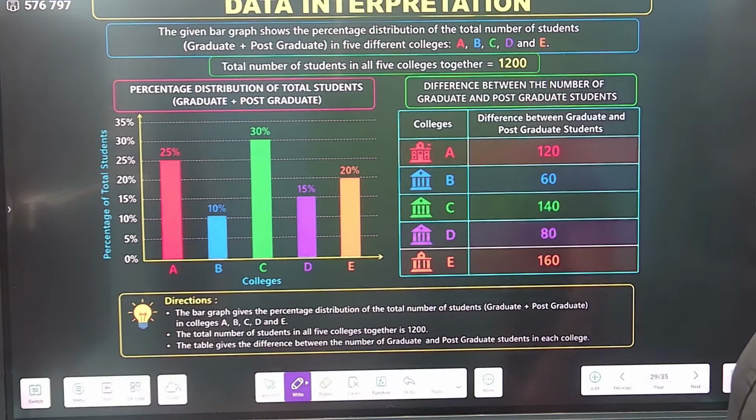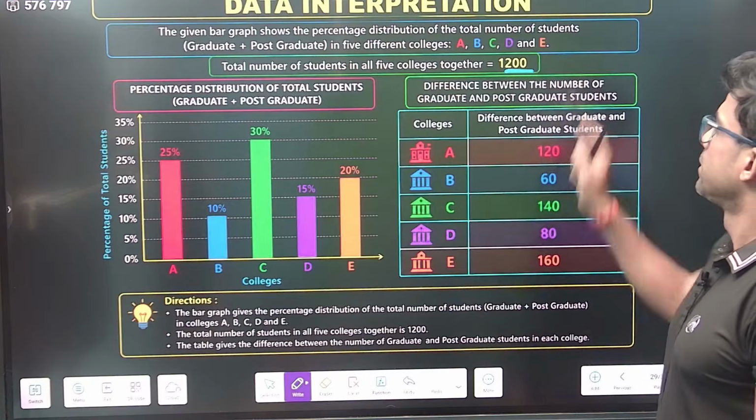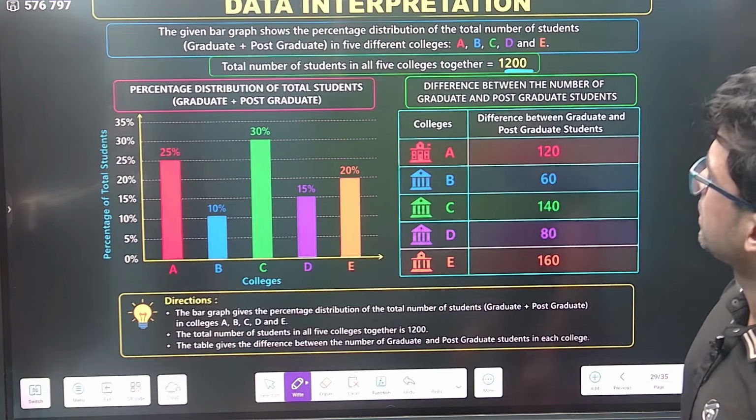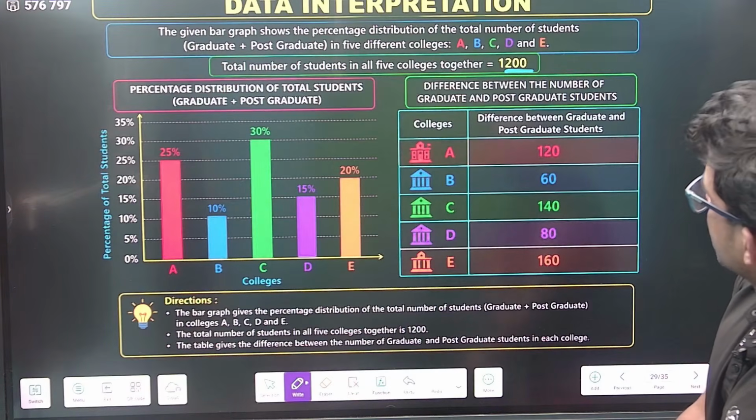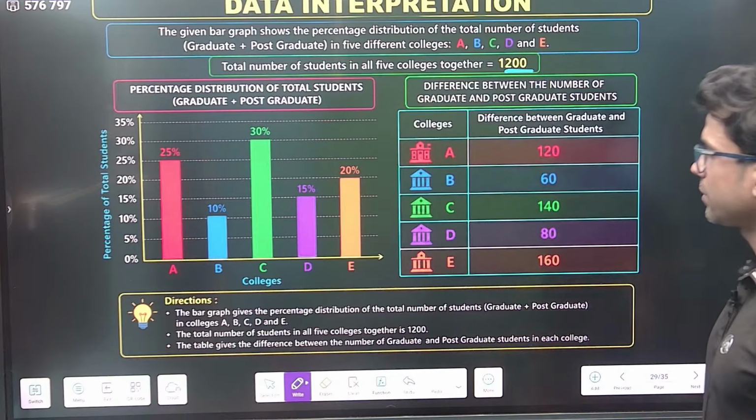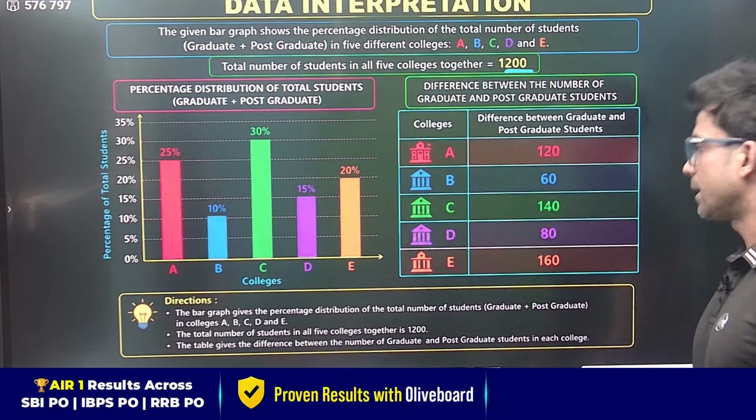Total number of students in all 5 colleges is 1200. The bar graph shows the percentage distribution of the total number of students, graduate and postgraduate. First of all, you need to make a table and then answer.